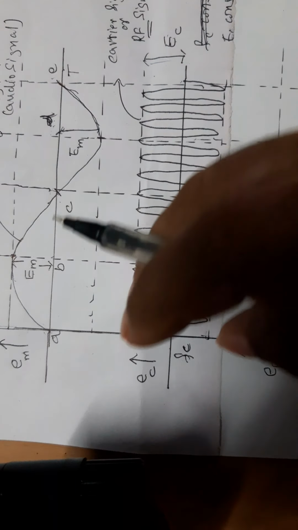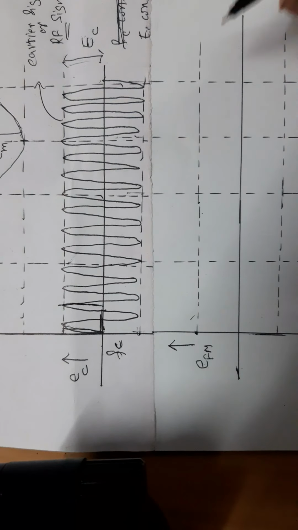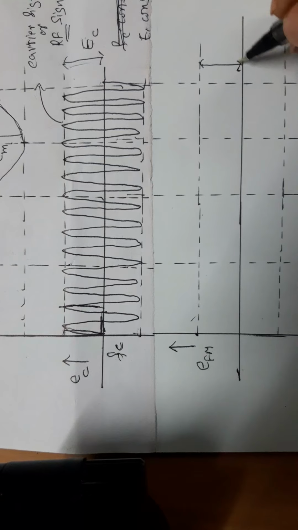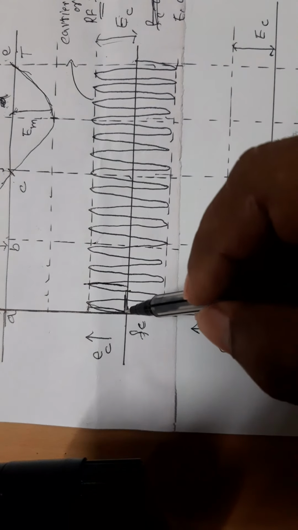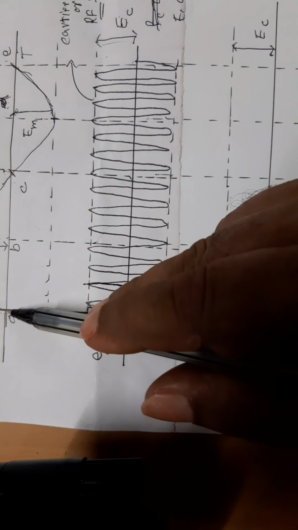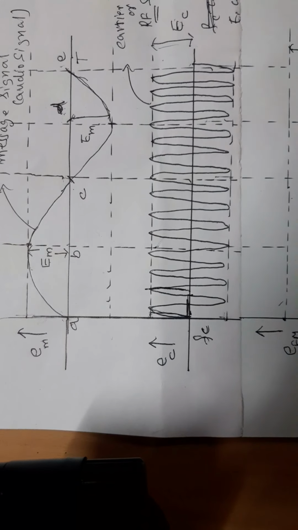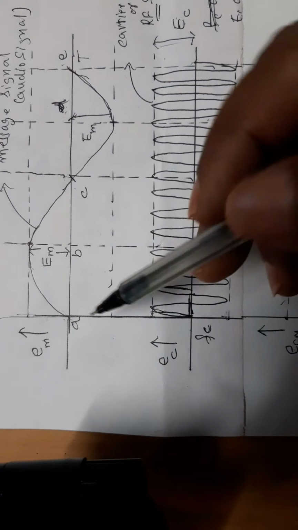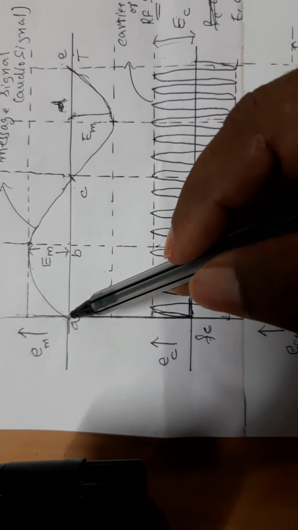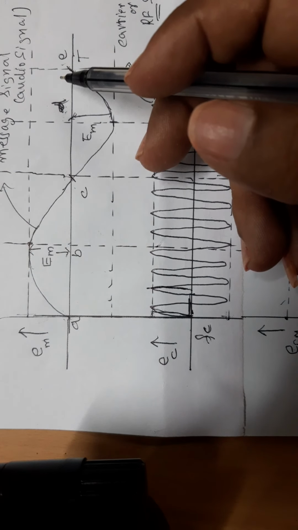In FM modulation, the amplitude remains constant. Therefore, the resultant wave should have a constant amplitude EC, and the phase angle is also constant. Of course, it starts from 0. The phase angle is 0. Now, the carrier frequency Fc, when mixed with the 0 amplitude at A, C and E, has no change in frequency.